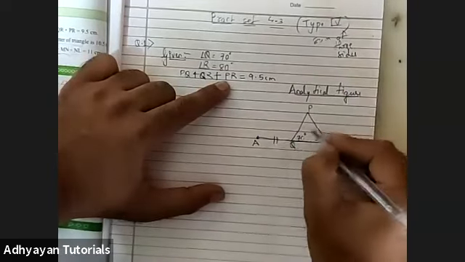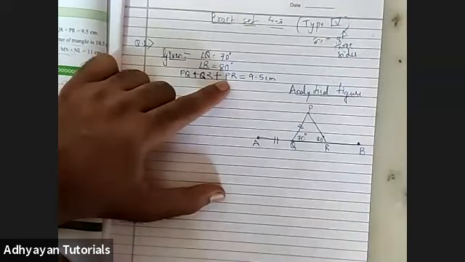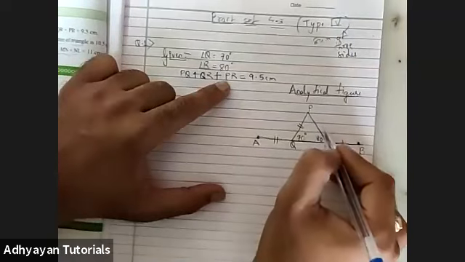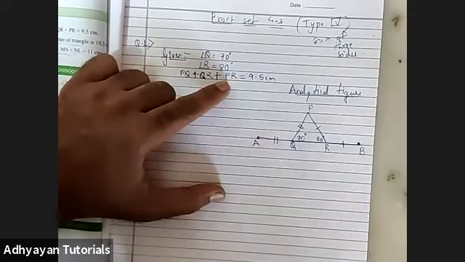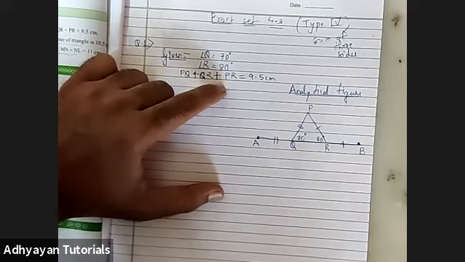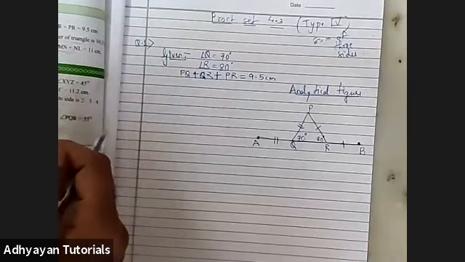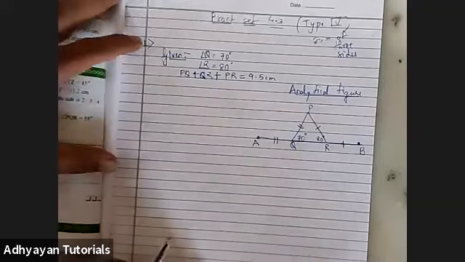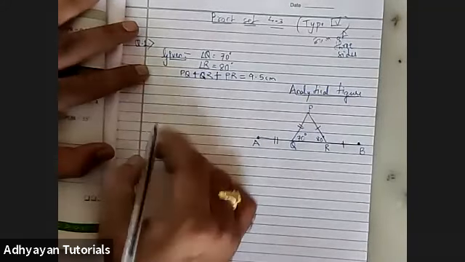This two have to be equal and this two have to be equal. PR and RB must be equal. PQ and AQ must be equal. So this is our assumption, and on the basis of the assumption, children, we start our analysis.